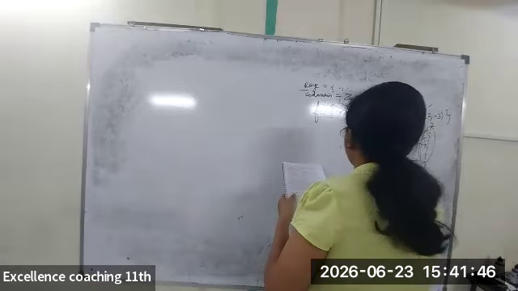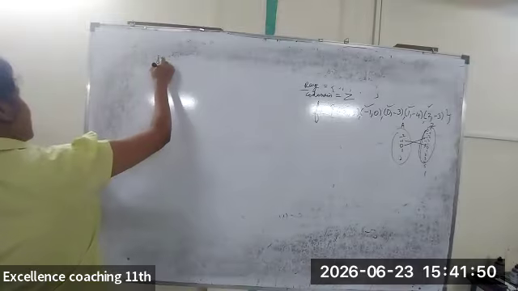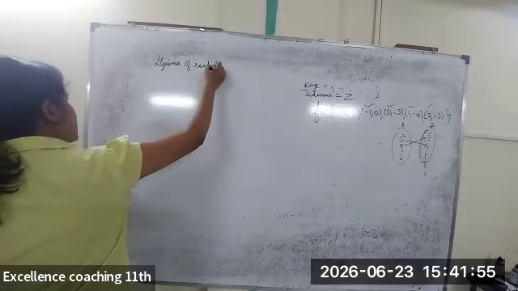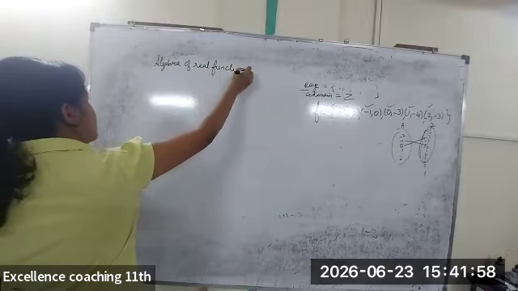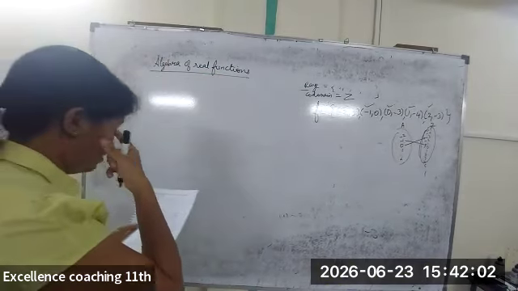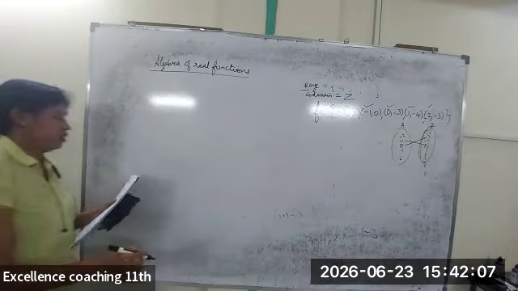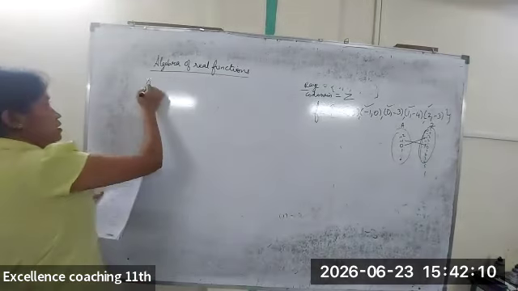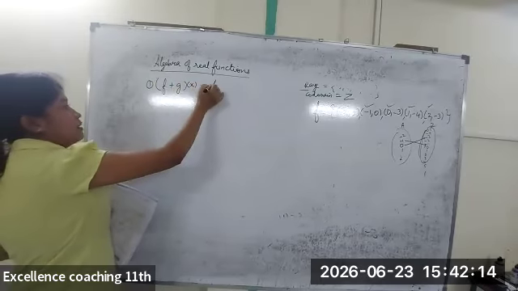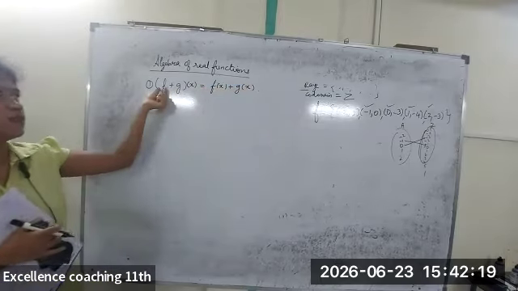Next is algebra of real functions. Given f of x, if you have to add, f plus g of x is the same as f of x plus g of x, you can always distribute it.